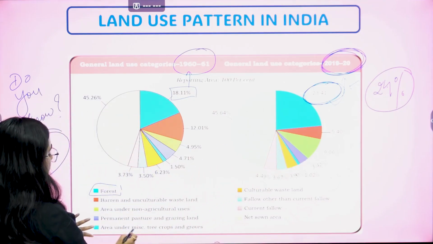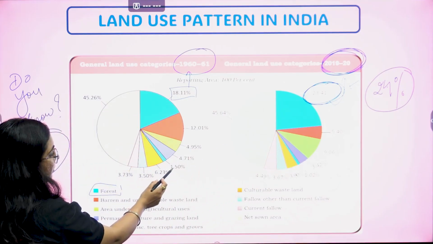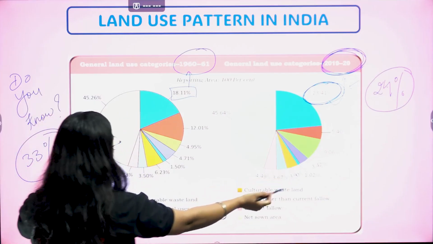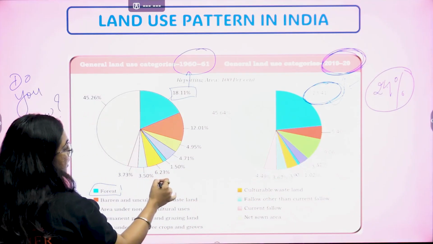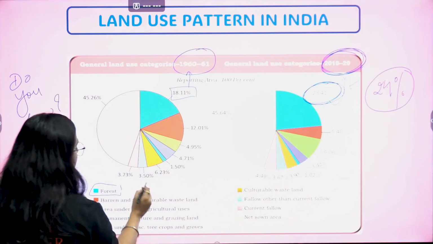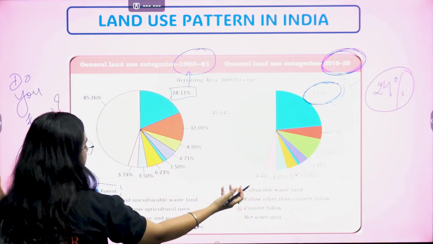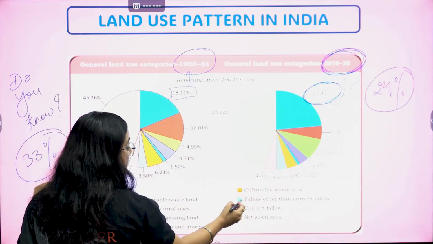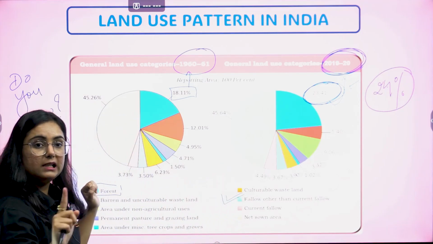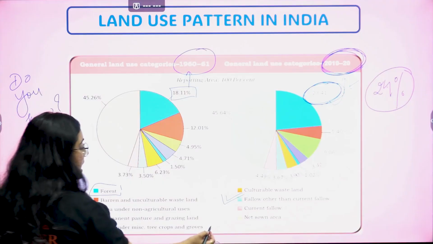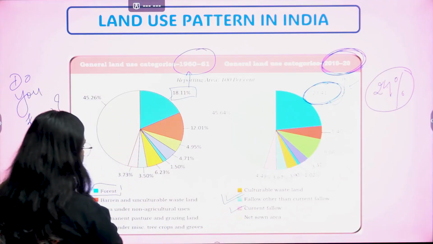Area under miscellaneous trees and groves, 1.50 here, 1.02, decreased. Culturable waste land, this is the orange one, this is also reduced. Fallow land, again, is increased. Land not fertile for agriculture is increased. Current fallow land again increased.